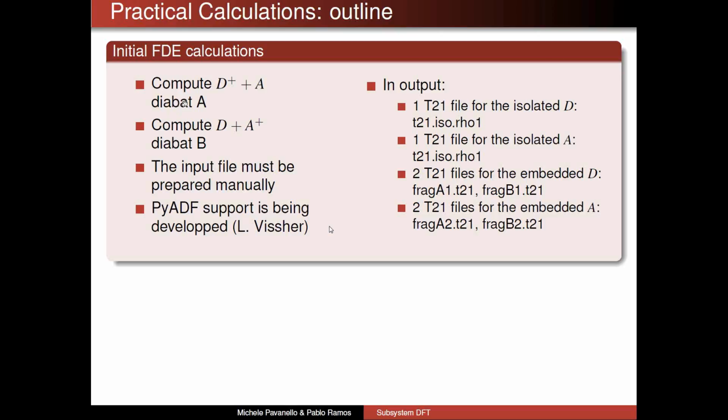I suggest that you carry out these 2 calculations in 2 different folders so that you keep the tape files for this diabat A state separate from the tape files of the diabat B state.